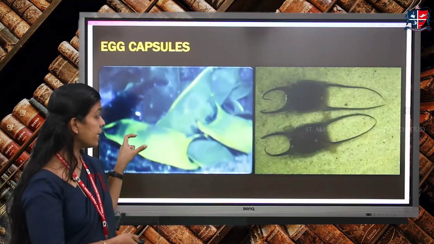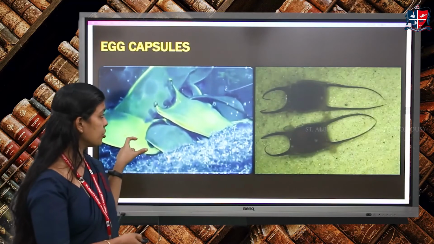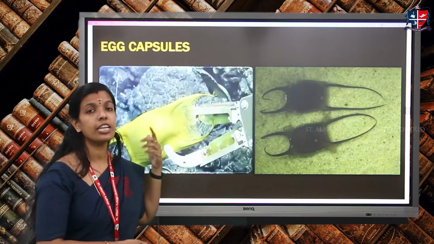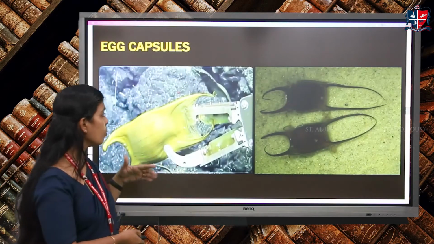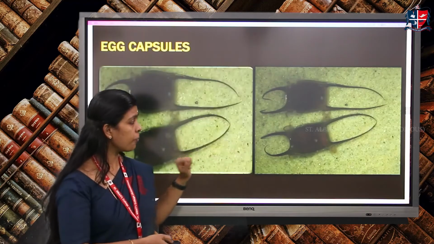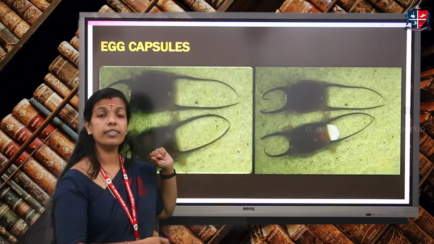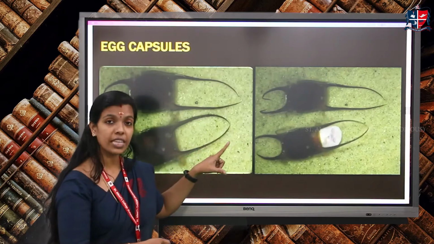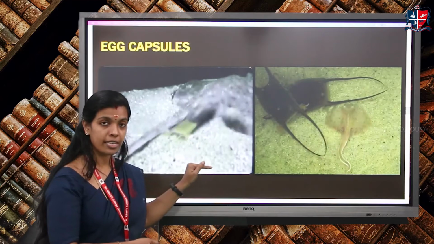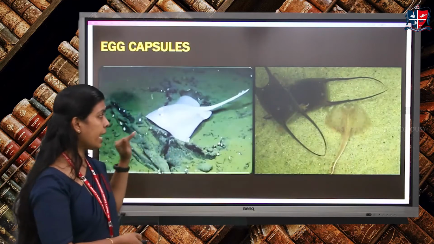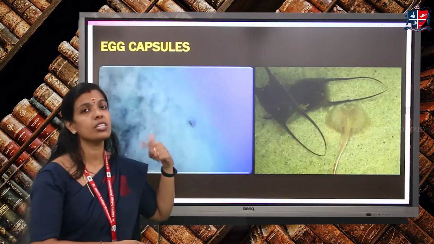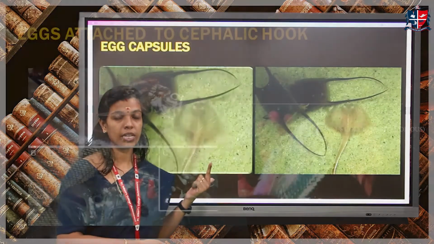The eggs would be protected within this particular case, and they would be attached by means of tendrils to different substrata. See in the next picture you can see the larvae getting out of the capsule. So this is known as the mermaid's purse in the case of oviparous sharks or skates. The eggs would be laid in these horny capsules, and they have tendrils by means of which they attach to different substrate.